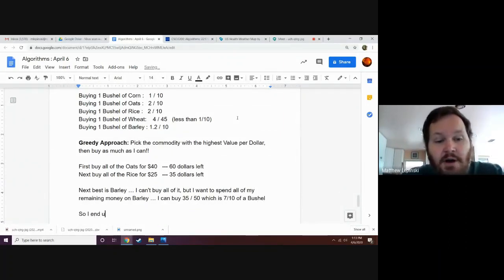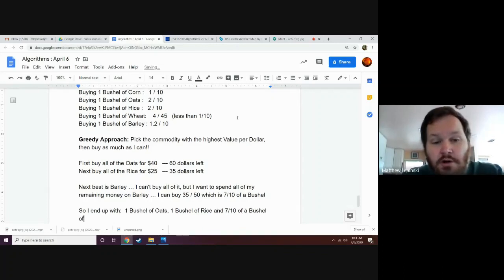So I end up with 1 bushel of oats, 1 bushel of rice, and 7/10 of a bushel of barley.